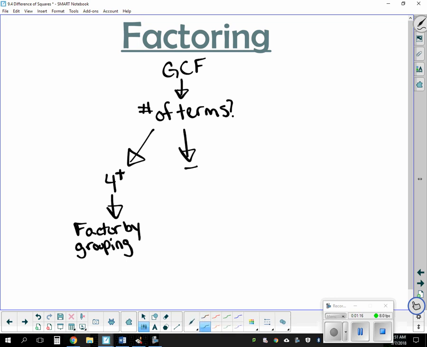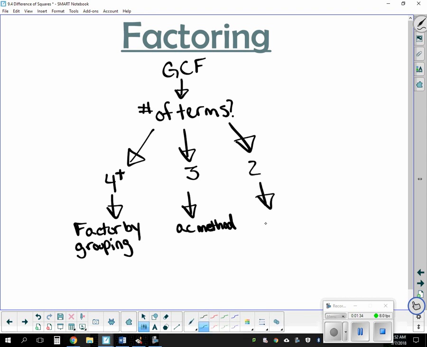If there are exactly 3 terms, then you do AC method, which is what you learned in 9.3. Keep it in mind you can take the shortcut if your A is 1. And then the final way we will learn is if there are 2 terms, you will see if it is a difference of squares.